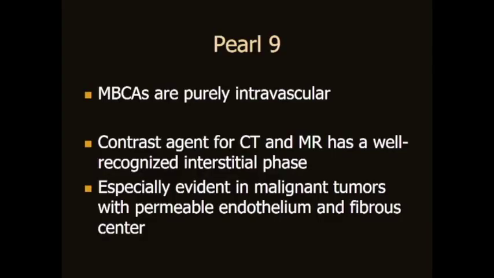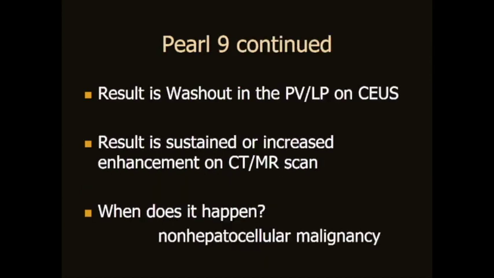So pearl number 9, microbubble contrast agents are purely intravascular, so the contrast agent for CT and MR scan by comparison has a well-recognized interstitial phase, which is especially evident in malignant tumors with permeable endothelium and fibrous center.